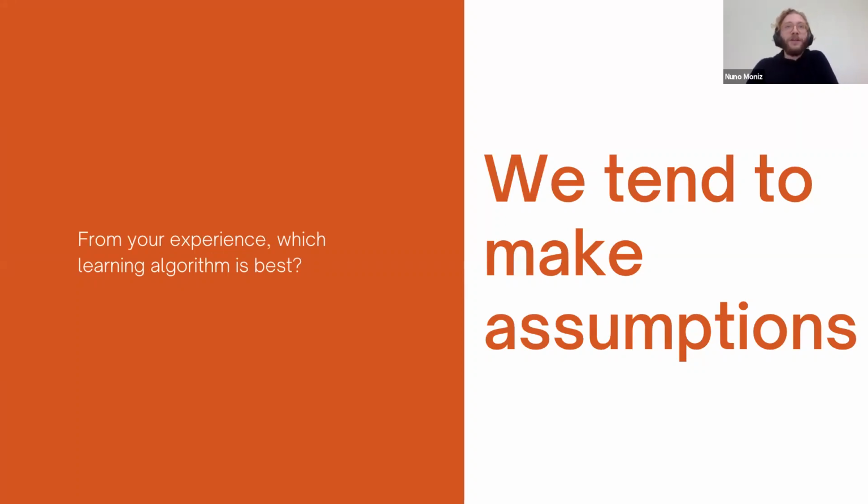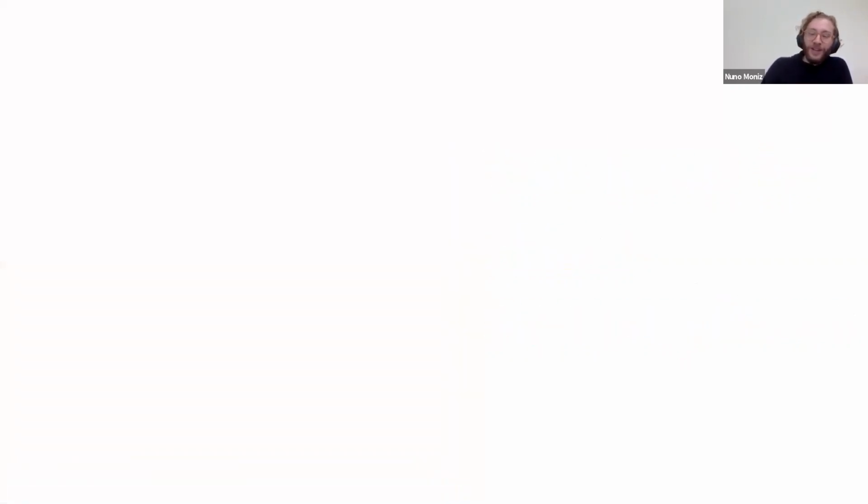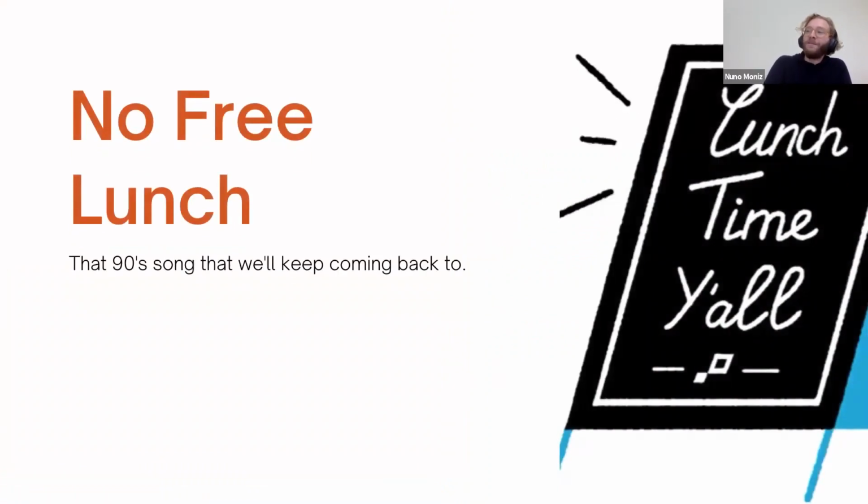For example, if we were in a physical room, I would ask people that have experience with machine learning, from your experience, what's the best learning algorithm? Some of you probably would say random forest or something like that. And usually there's a lot of responses.